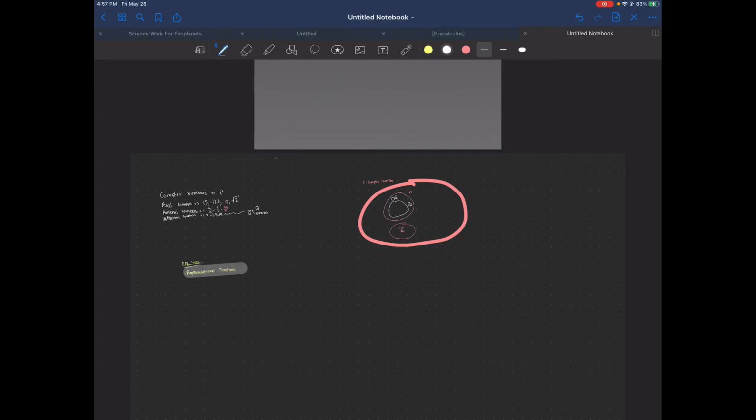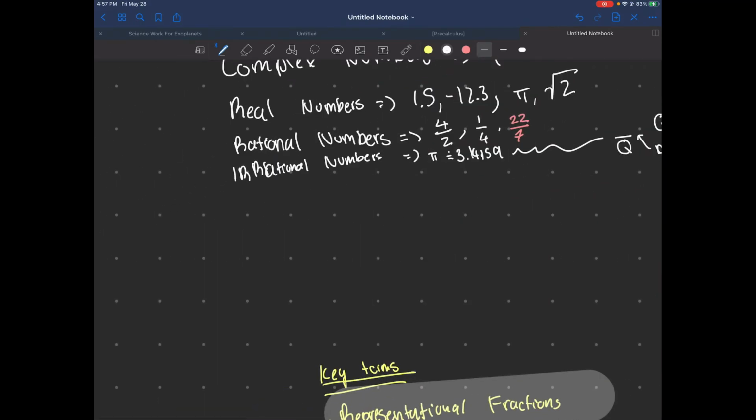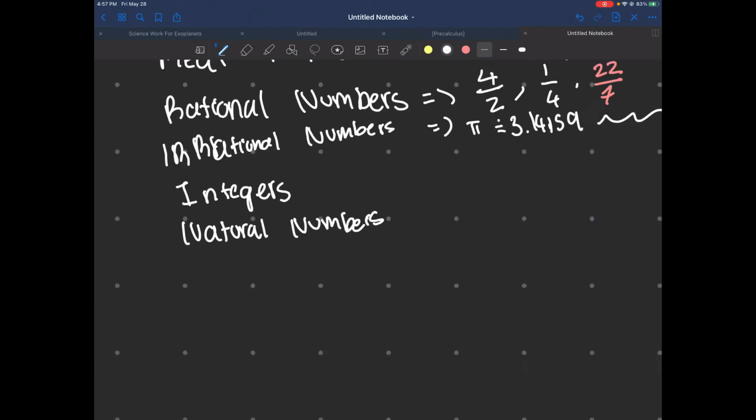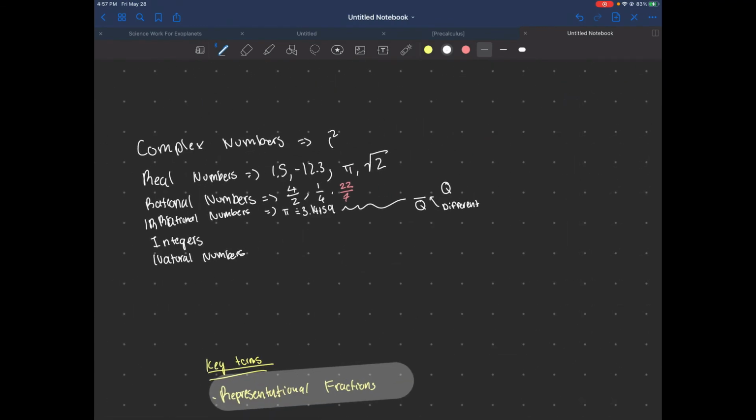Now we're going to have integers, and then we're going to have natural numbers. These are going to be represented with Z and N.